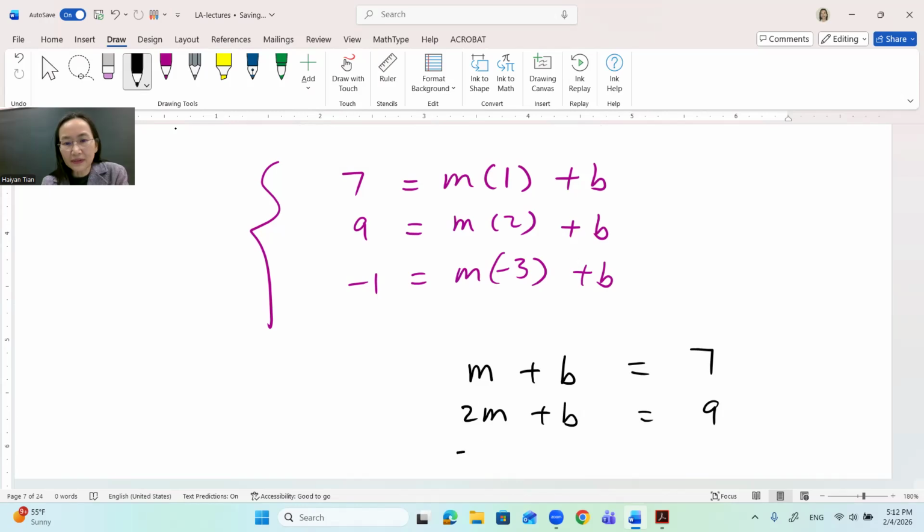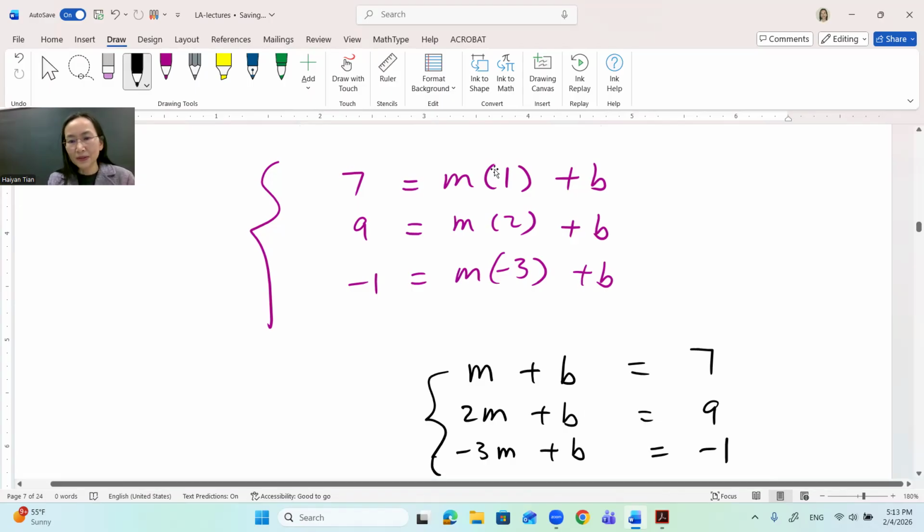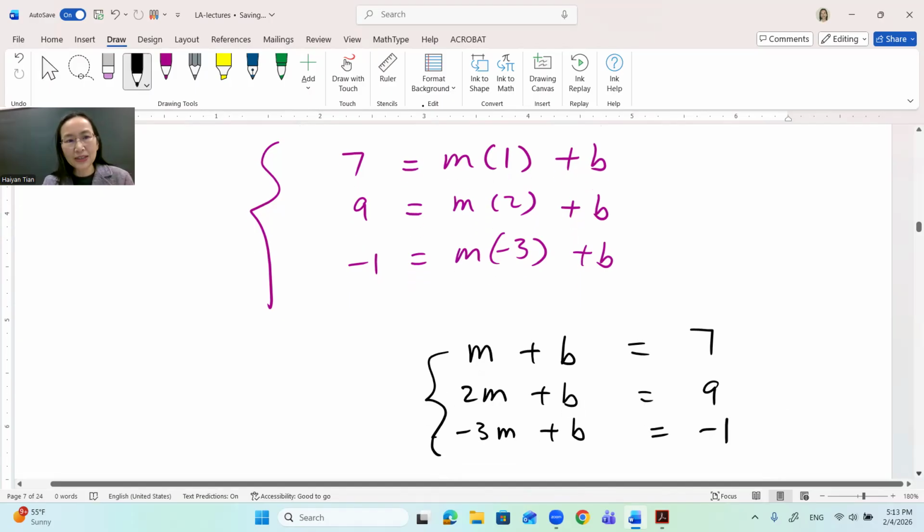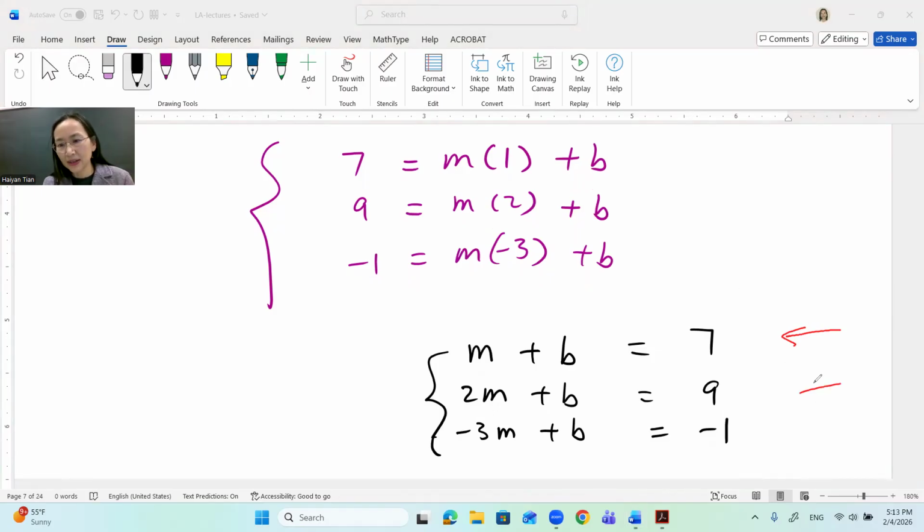And the third equation is -3m plus b equals -1. So I have 3 equations and 2 variables, the slope and y-intercept of the line. Each equation means the line passes through the first point, the second point, and the third point. So we have 3 constraints for the slope and y-intercept to satisfy.